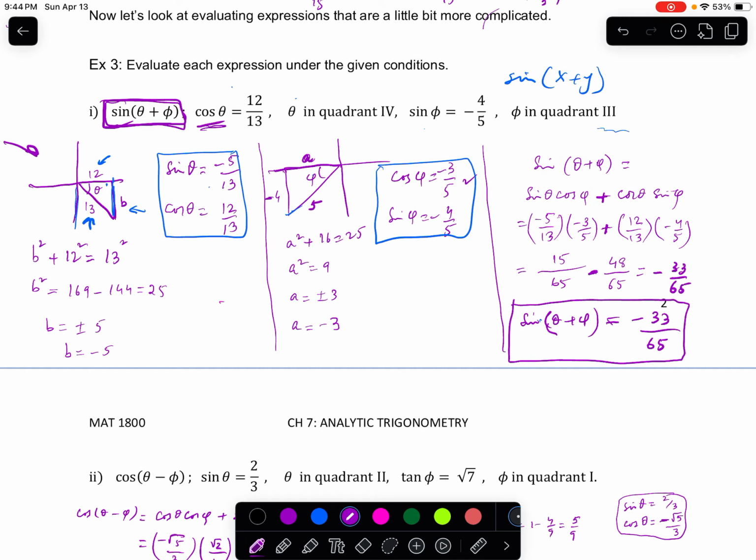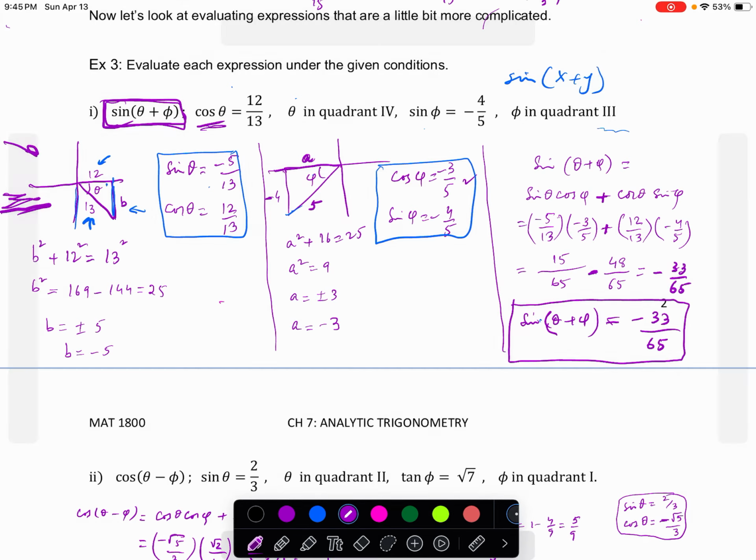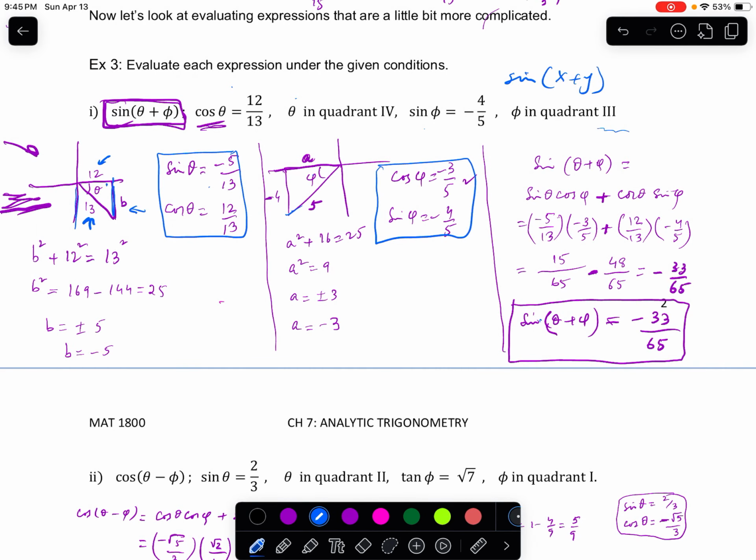I drew a triangle in the fourth quadrant here. You can see that. So theta is the little angle with the x-axis.